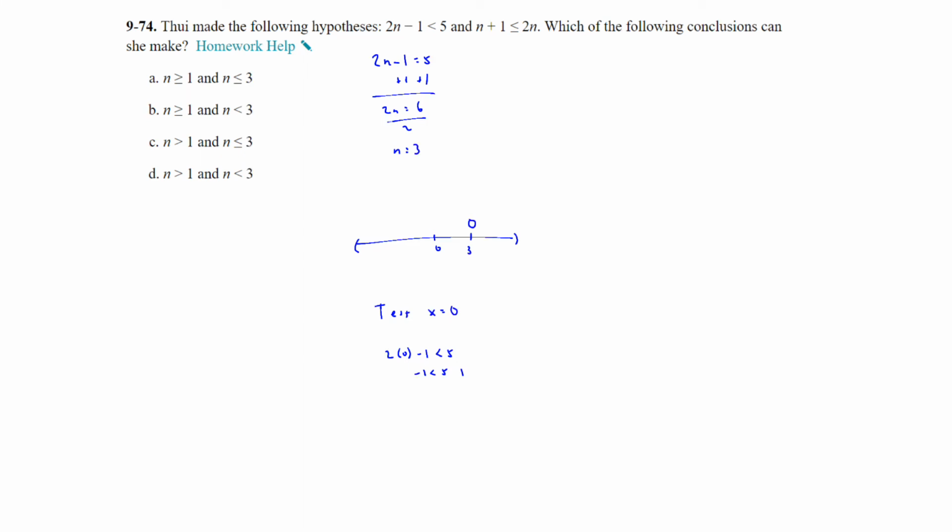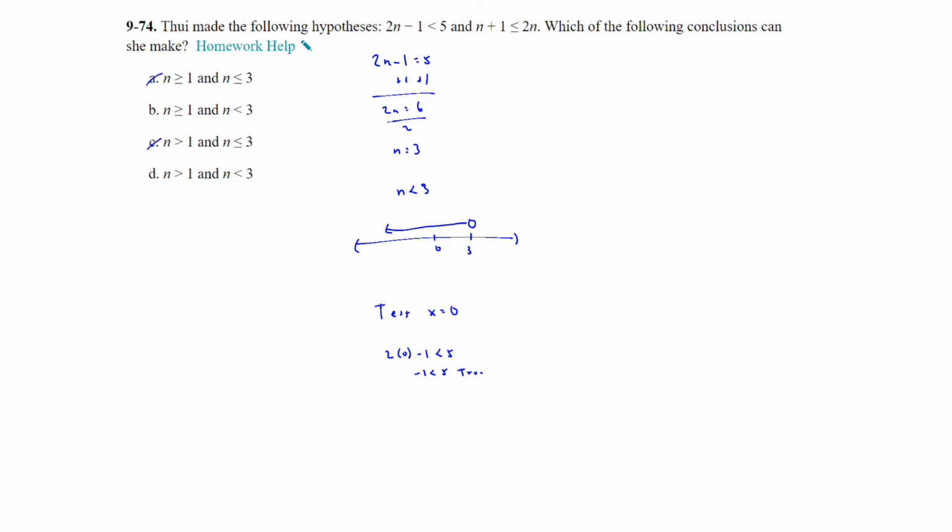And that is a true statement, so therefore we will shade or go in the direction of 0, which is to the left. So those solutions represented are when n is less than 3. So if you look at the answers, we have a couple answers that are n is less than 3, but we also have these two that are equal to. So it seems to be that A and C would be out at this point.